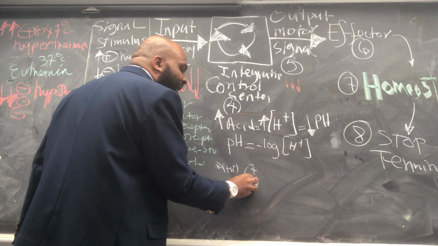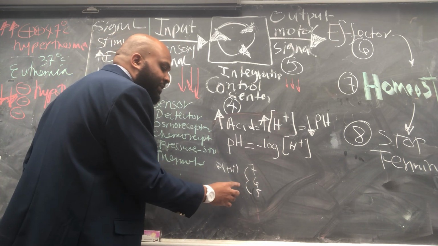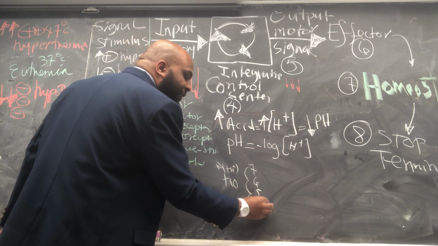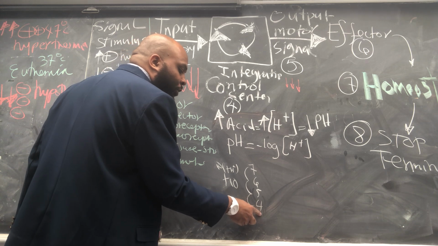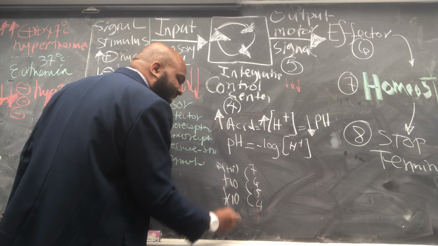If you drop from 6 to 5, you increase hydrogen proton by 10 times, times 10. If you drop from pH 5 to pH 4, you increase hydrogen proton concentration by 10 times, times 10.